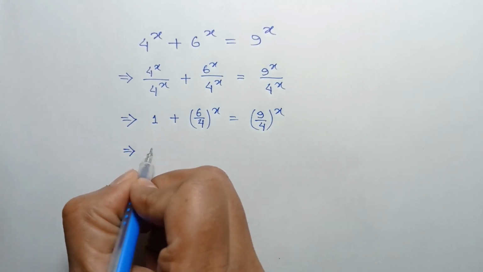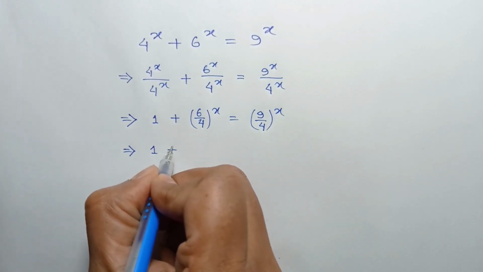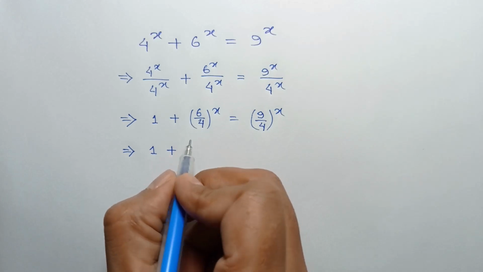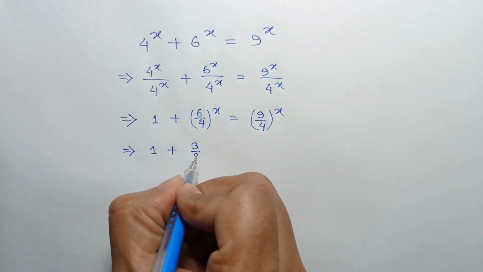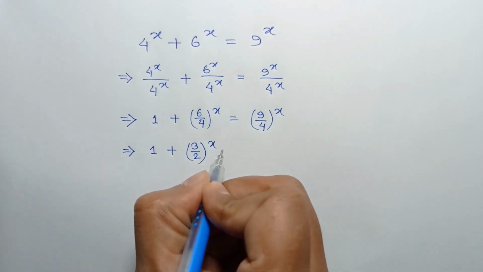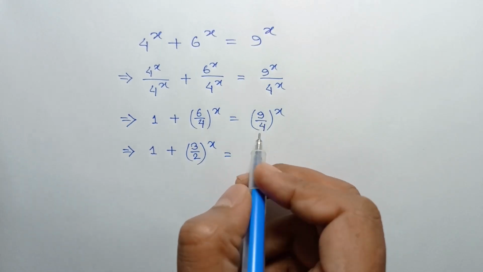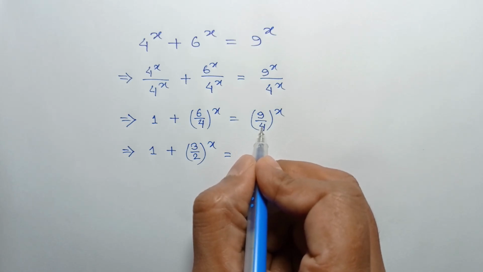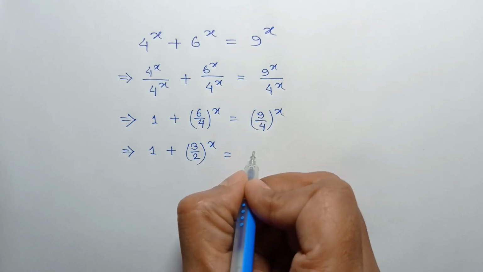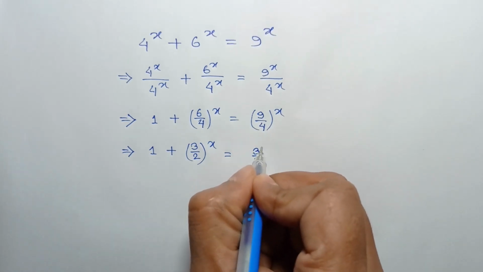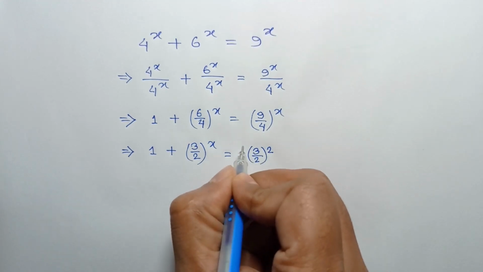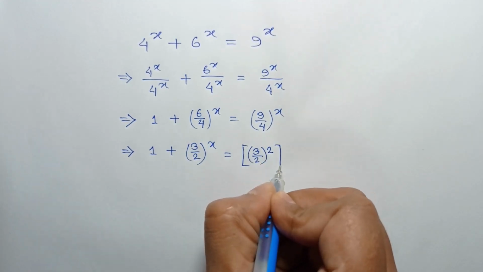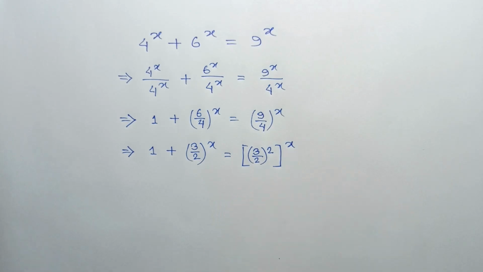Or 1 plus (6 over 4, which is 3 over 2) whole to the power x is equal to: 9 is 3 square and 4 is 2 square, so 9 over 4 is (3 over 2) whole square, whole to the power x.